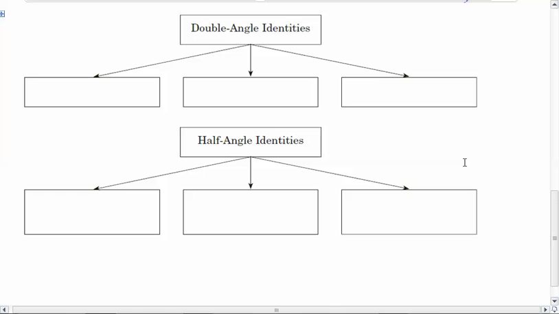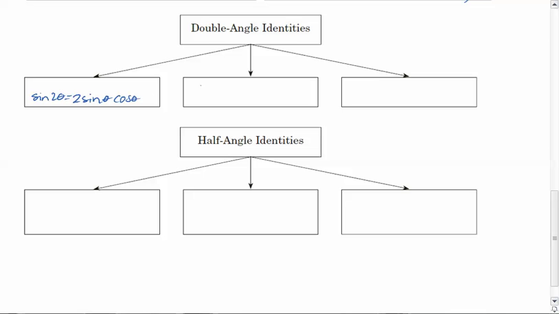So double angle identities. We remembered that we could derive these using our sum identities. So we have sine of 2 theta. If you remember those sum identities, you can say theta plus theta and come up with these is equal to 2 sine of theta cosine of theta.